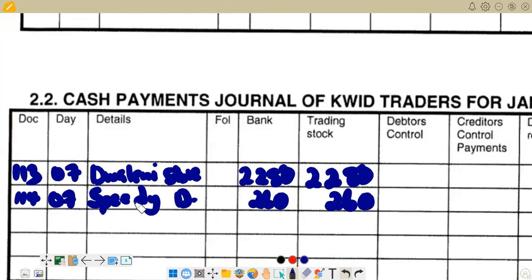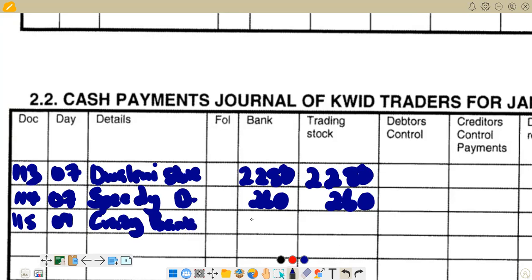Right, on the document part, we are going to put 115 there, and then the date is 09. And remember the details are, we said it's Crazy Bank here.